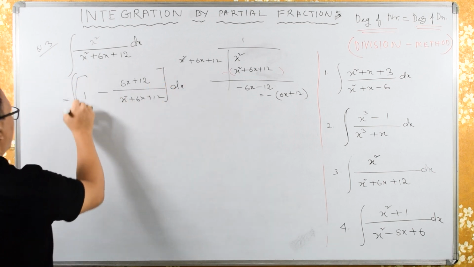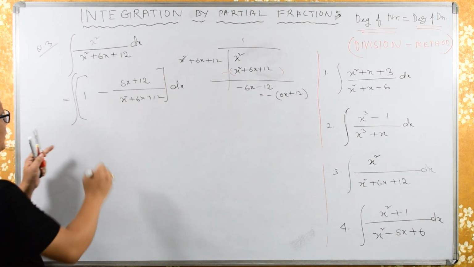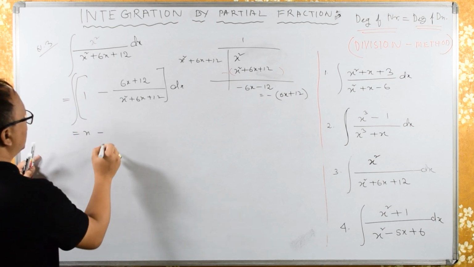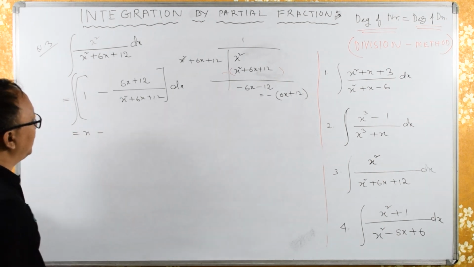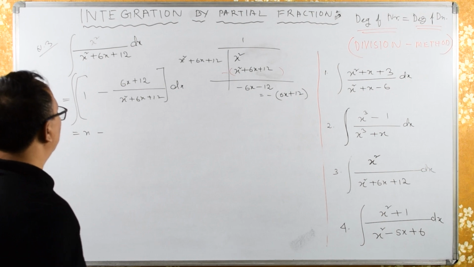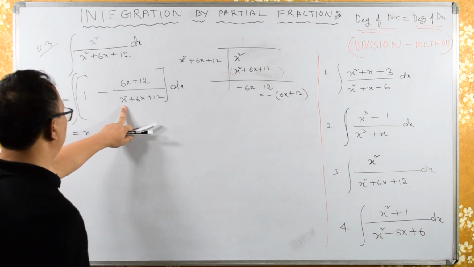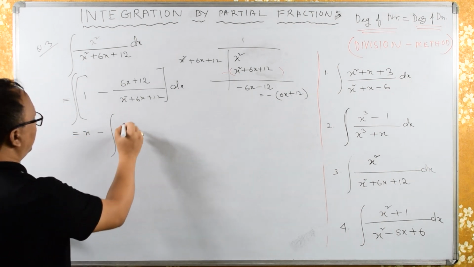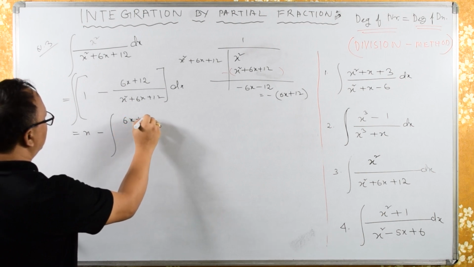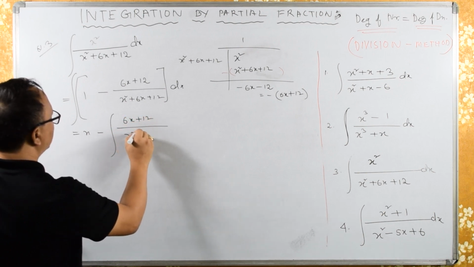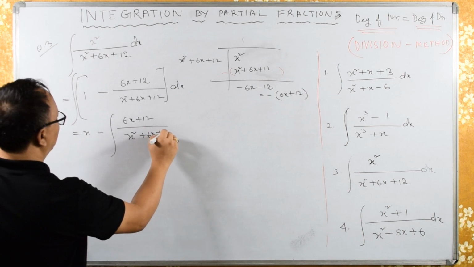dx. Now integration of 1 dx, we know, is x. Now look at here, integral of 6x plus 12 upon x square plus 6x plus 12.